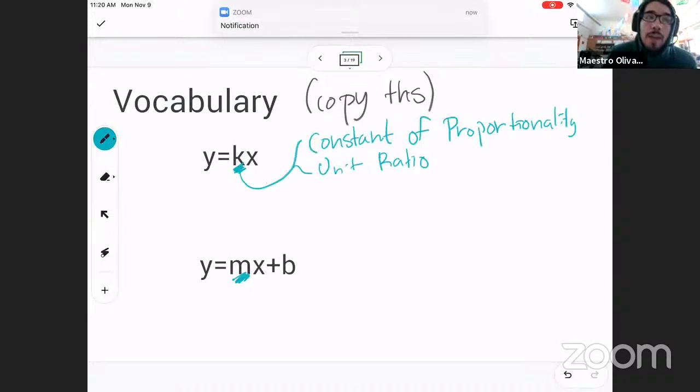And then maybe Mr. Gomez talked to you about this last year. If not, that's fine. I know I definitely introduced it a couple weeks ago. I then told you, hey, another word for all of these terms is called your slope. These three words all mean the same thing: slope, unit ratio, constant of proportionality. It's the number in front of the x value.